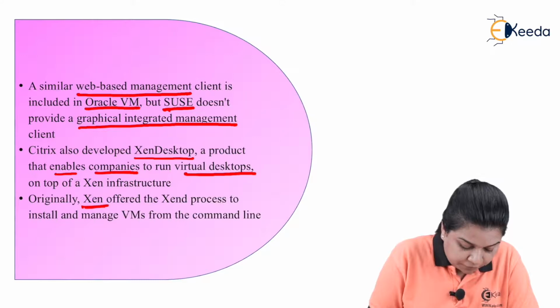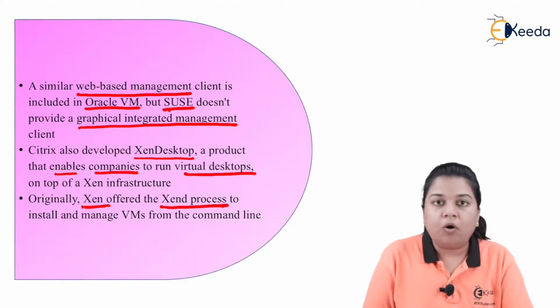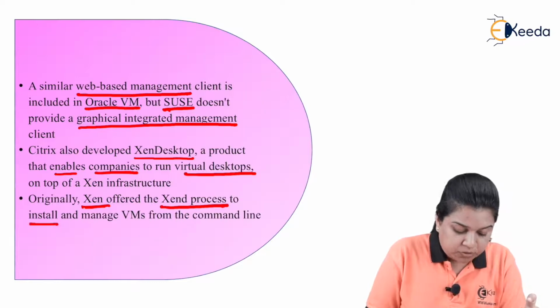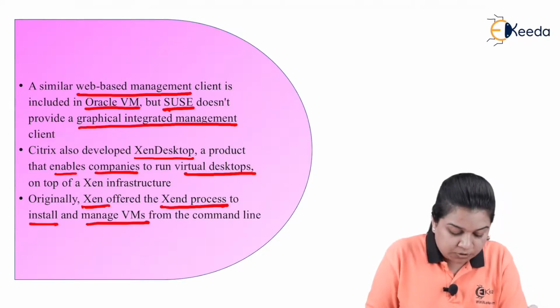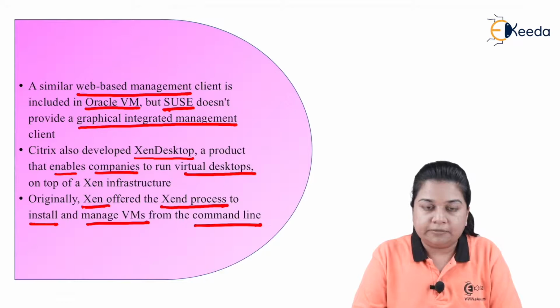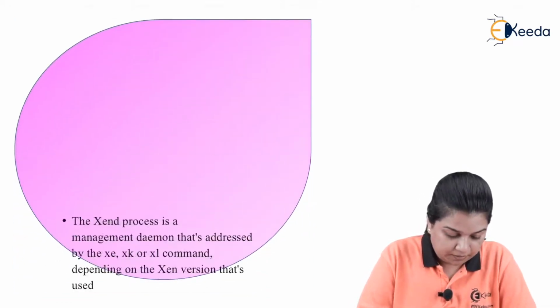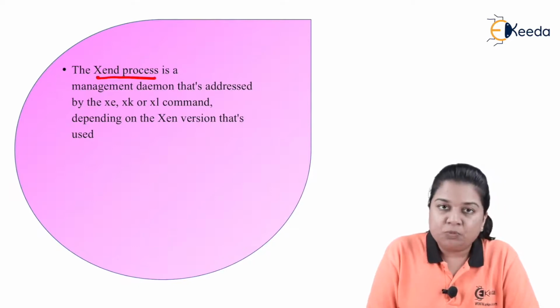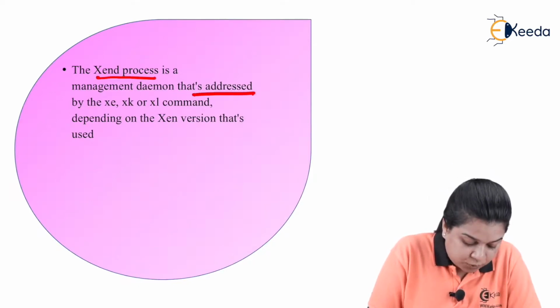Originally, Xen offered the xend process to install and manage virtual machines from the command line. The xend process is a management daemon that is addressed by the xe, xm, or xl command depending on the Xen version that is used.